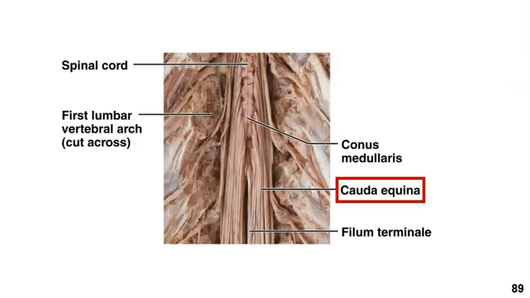And also because the vertebral column continues to grow after the spinal cord stops growing, the nerves that emerge from the conus medullaris continue to grow and result in a long bundle of nerves that resemble a horse's tail, and this bundle is referred to as the cauda equina.